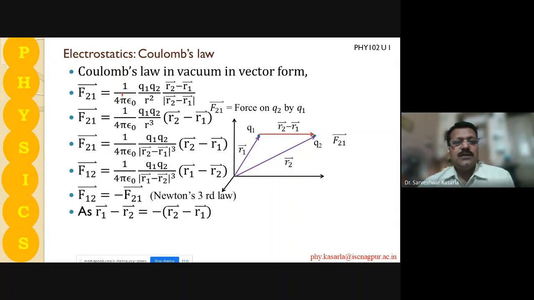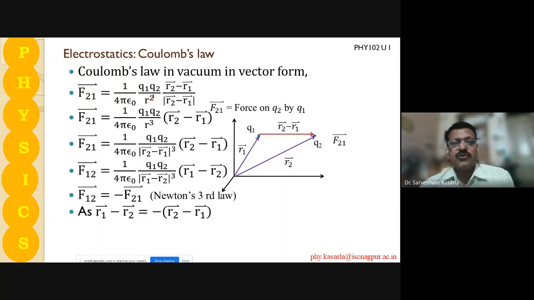Here the Coulomb's force F21 means the force acting on charge q2 by q1. This charge q2 is pushed by charge q1, and that force is given by F21. Its direction will be like this, the same direction as this vector. So F21 will be equal to 1 upon 4 pi epsilon 0 q1 q2 upon r square.